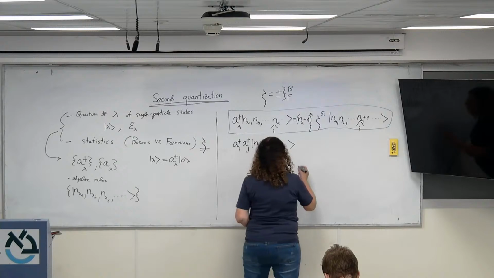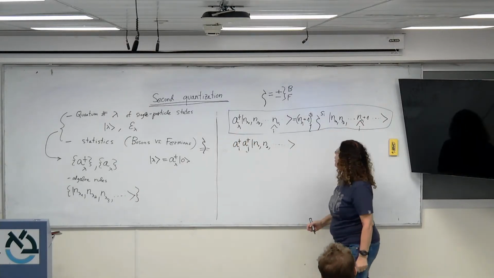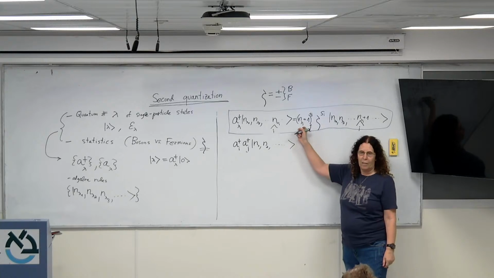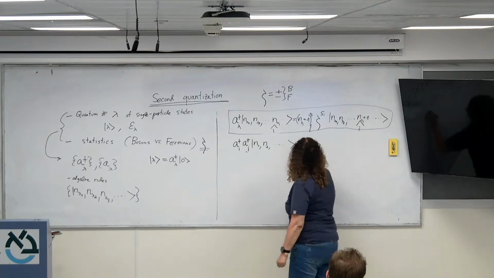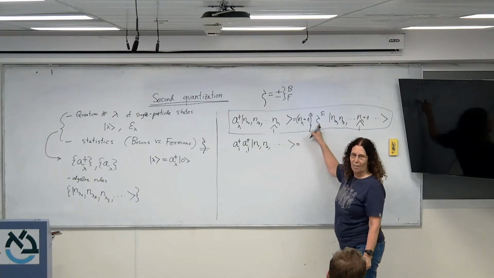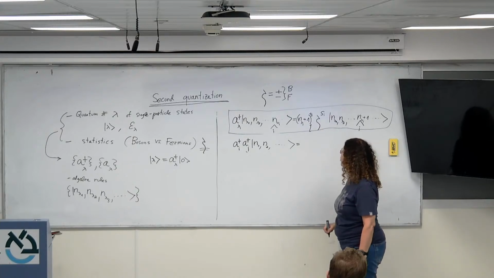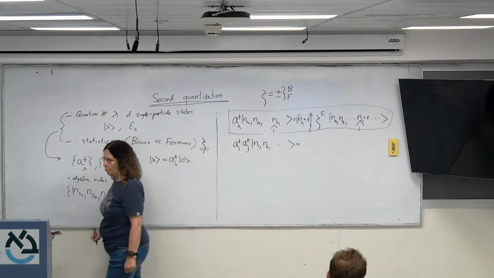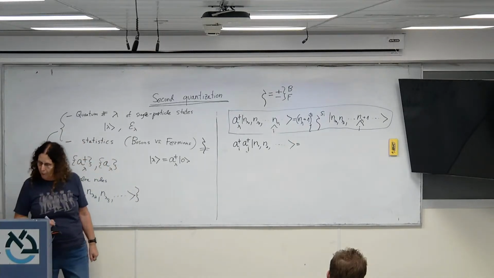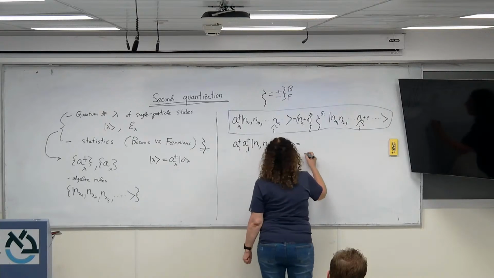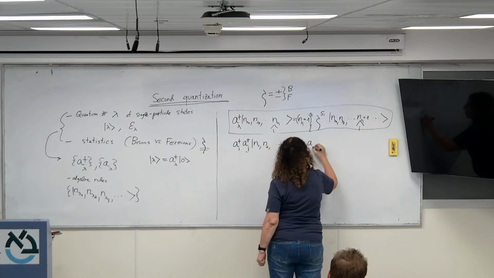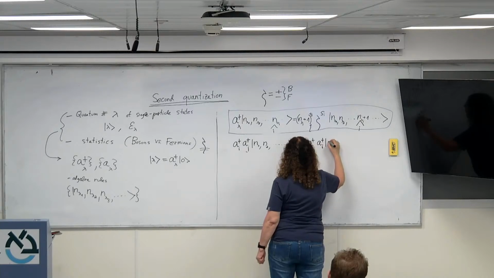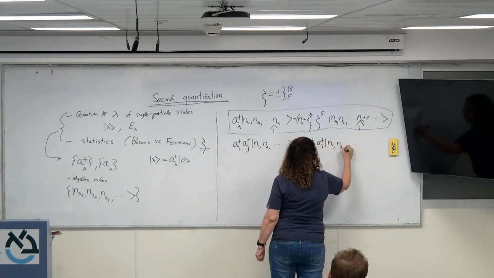In fact, if you keep track of this zeta, which distinguishes the meaning of the three-factor here, you can show directly that what you get is zeta times a_J dagger a_I dagger, acting on exactly the same state.